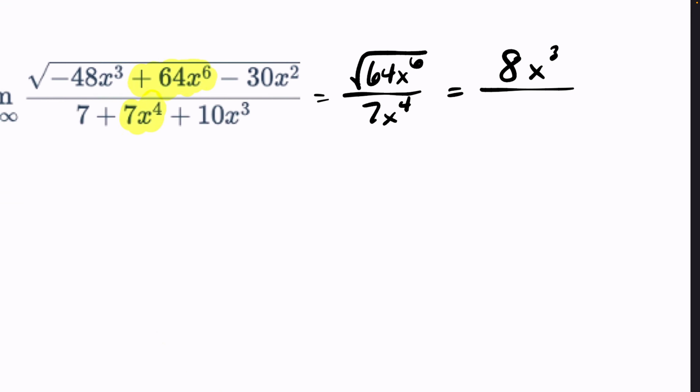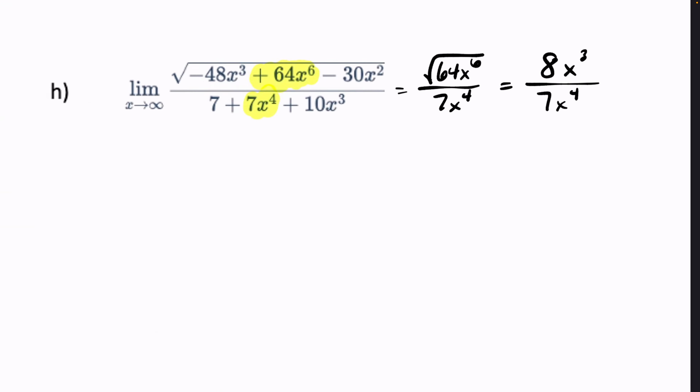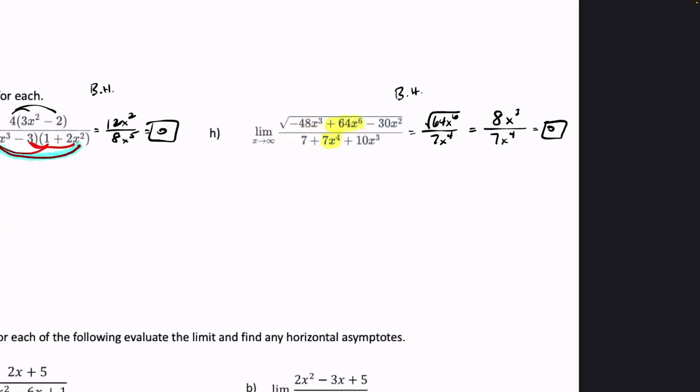Because remember, you add the powers, and then this one stays 7x to the 4, right? It was bottom heavy. Okay? So our table says if it's bottom heavy, it's going to be 0.